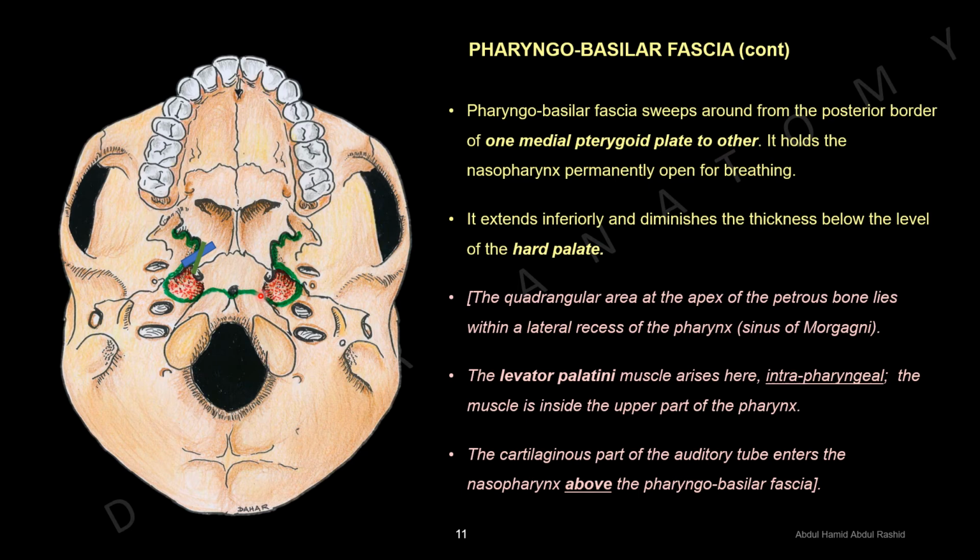The levator palati muscle arises here. So this is the attachment of one muscle, the levator palati. It arises here, so this muscle is intrapharyngeal, inside the upper part of the pharynx. The cartilaginous part of the auditory tube, which will be around here, enters the nasopharynx above the pharyngobasilar fascia.